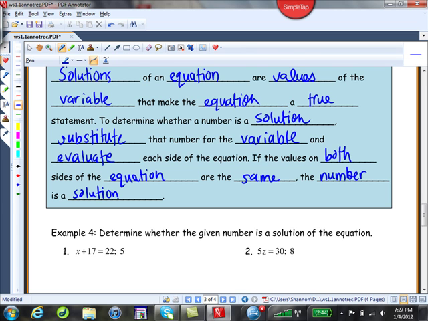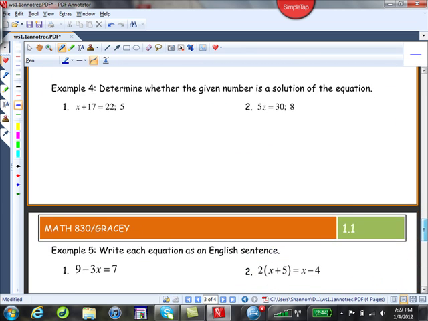So let's check out example 4. Example 4, we want to determine whether the given number is a solution of the equation. So here we go. For this one, we have a variable x. So we want to plug in 5 where we see an x and see if it works out. So here, 5 plus 17, is that equal to 22?